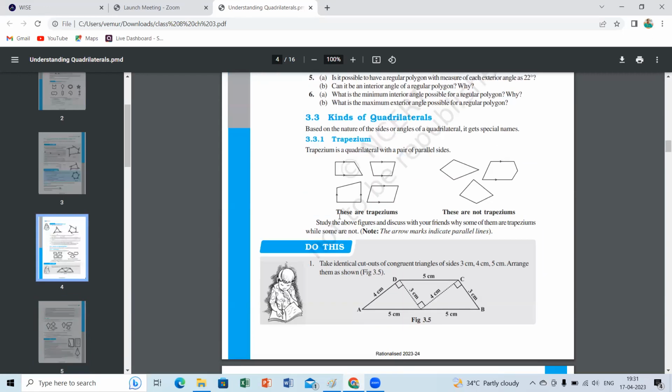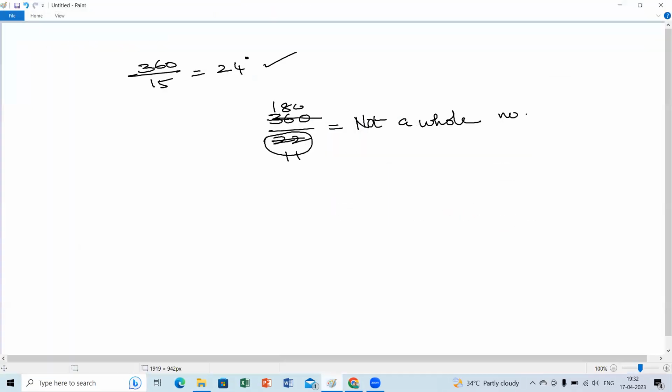Ma'am, is it officially made like that, or only for this textbook? Like, can we use them in exams for representation? Can we use these arrows officially for representing parallel lines? Yes, you just remember there are a few steps like that.